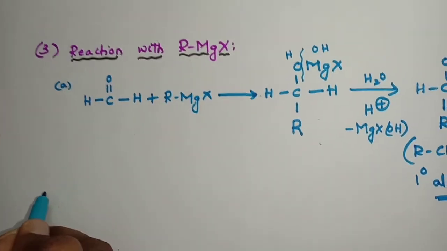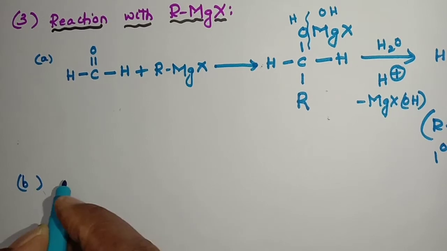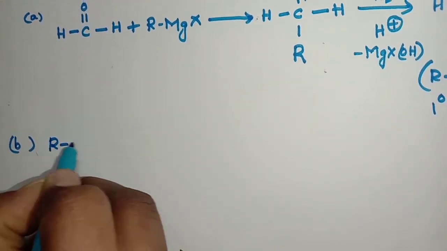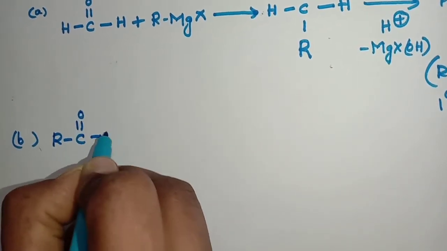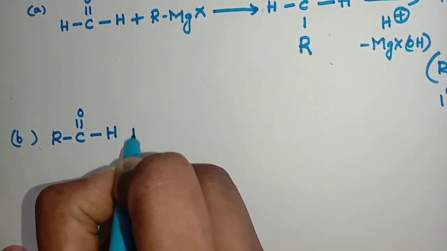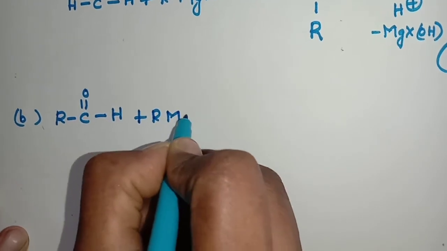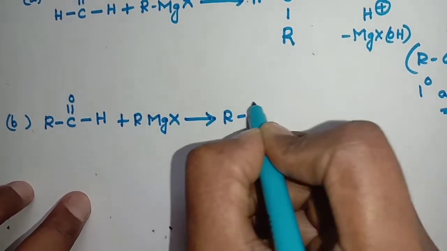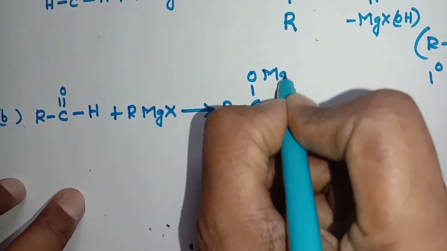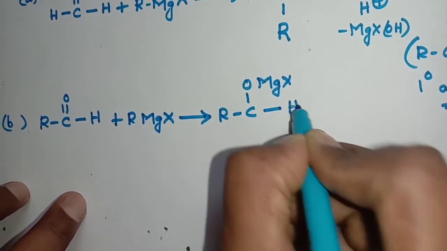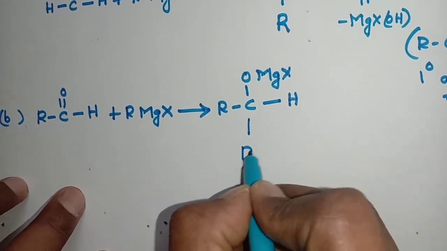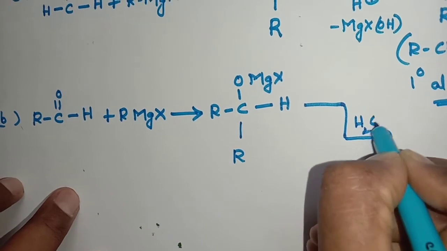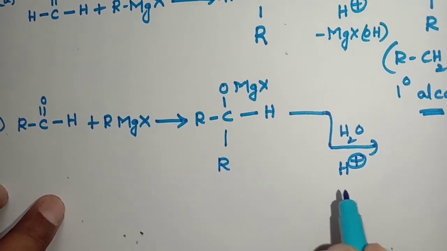Okay, next, second one, aldehydes other than formaldehyde. So let me take RCHO. You can take acetaldehyde and try. So RCHO plus RMgX gives rise to R C O MgX, here comes H and here comes R. Okay. So followed by hydrolysis in the presence of H plus.